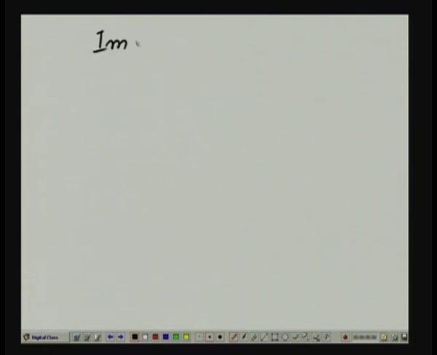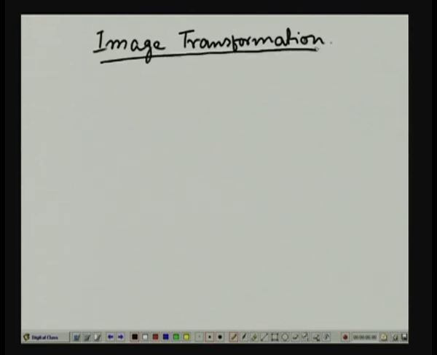In our case our interest is on image transformations. The same concept of representing a vector as a series summation of a set of basis vectors can also be extended in case of an image.